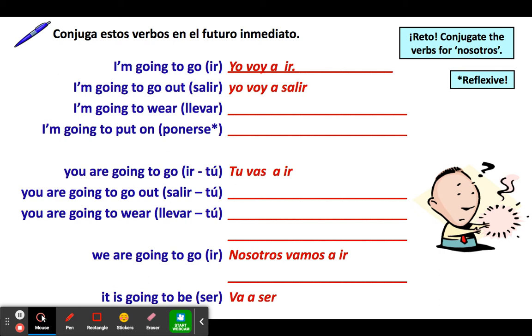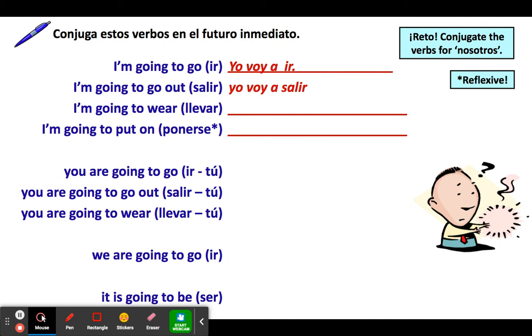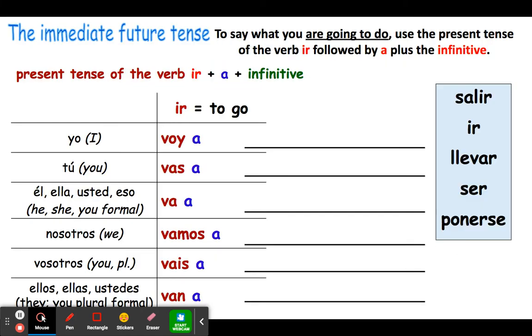Go ahead and try to make some of these sentences. Remember that you are forming them with the present of ir: voy, vas, va, vamos, vais, van.